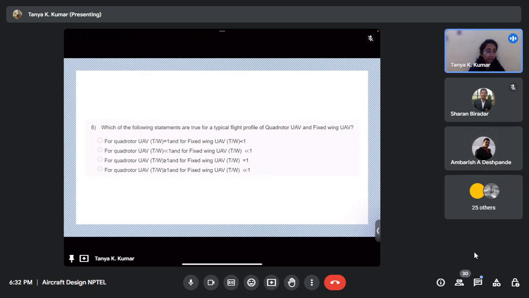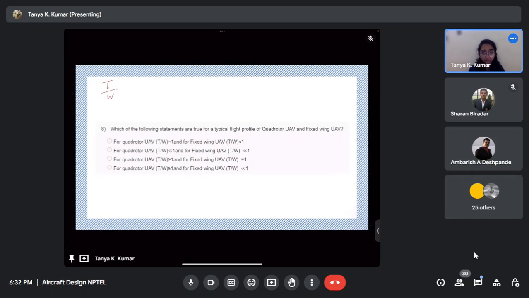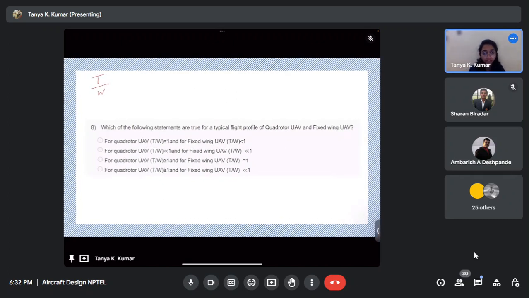Quadrotor has four rotors. You're right. So now, what can you comment about their thrust loading, thrust to weight ratio? Just think about it. Think about the quadrotor. Fixed wing, we have discussed, right? Thrust loading is less than one, right? For a fixed wing UAV, for an aircraft, it's less than one.